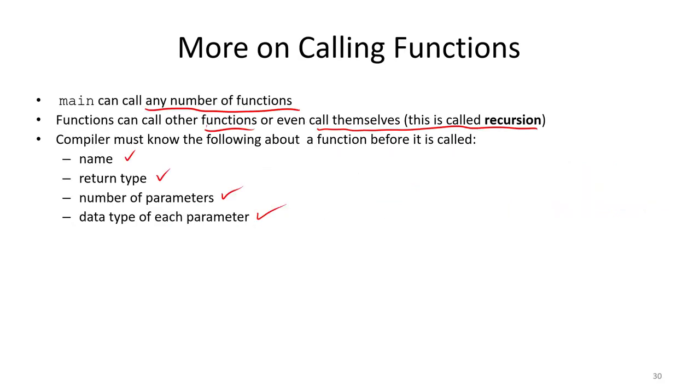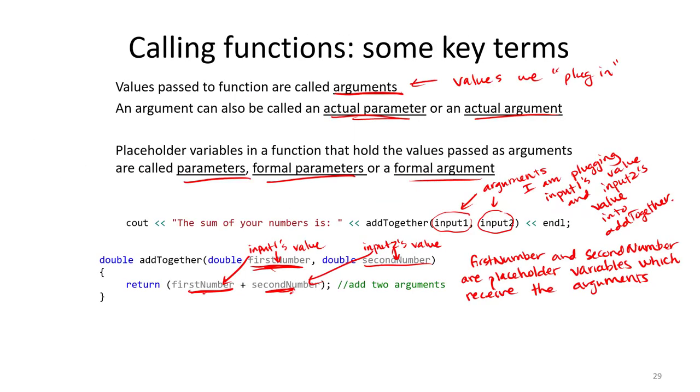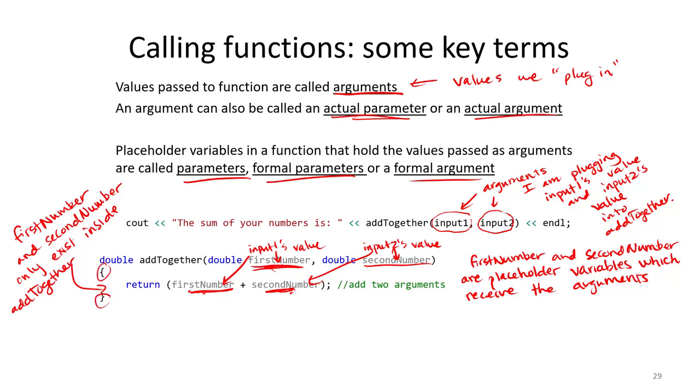Another thing to note, we talked about scope. When we talk about parameters, in this case first number and second number, they only exist inside the add together function, because that is the area bounded by those curly braces.